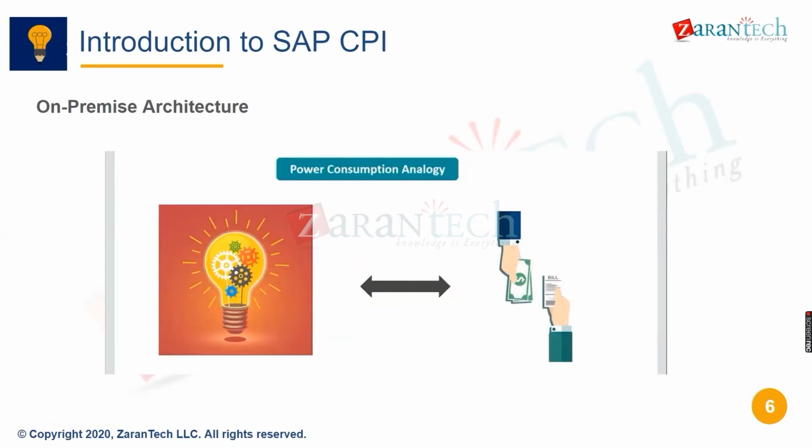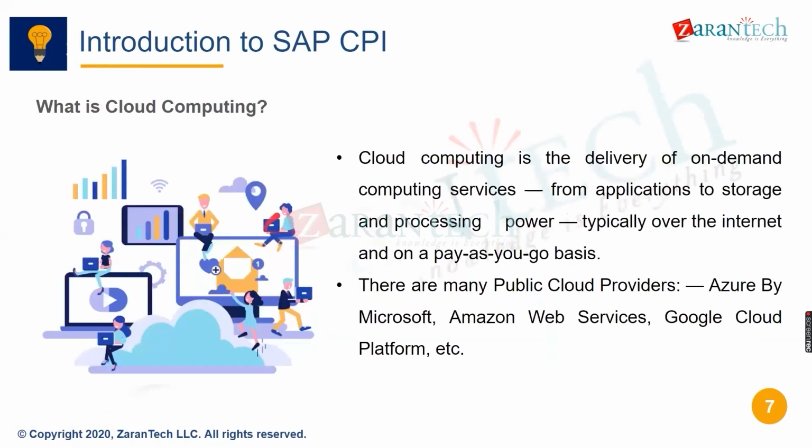Now let's jump into what exactly the definition of cloud computing is. If I give you the complete formal definition, you will think about what cloud computing is and all. First of all, I will put it this way. You have all the systems, servers, maintenance, and deployment in the same place. If you go for on-premise, they are in the same company.